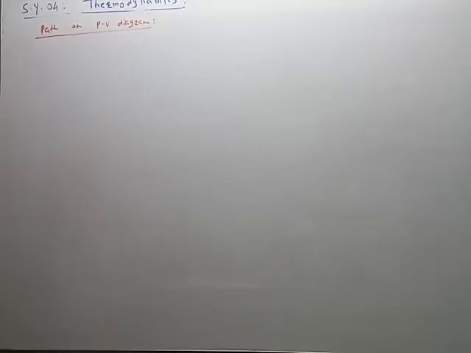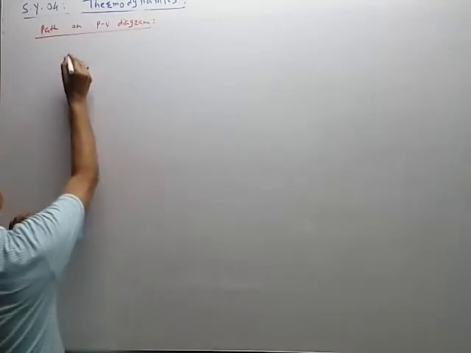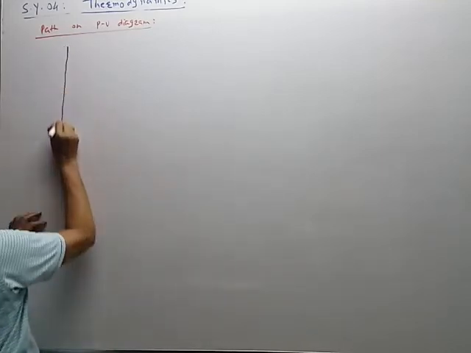So this PV curve is also called a path on the PV diagram. Suppose we are considering again the PV diagram like this.